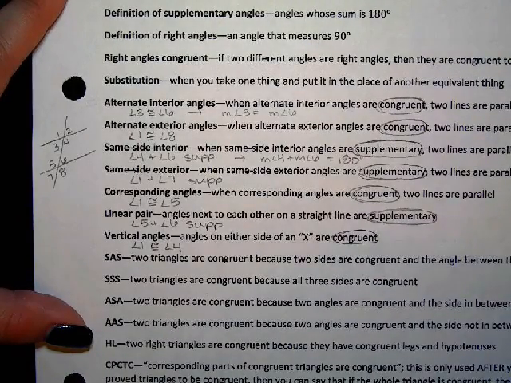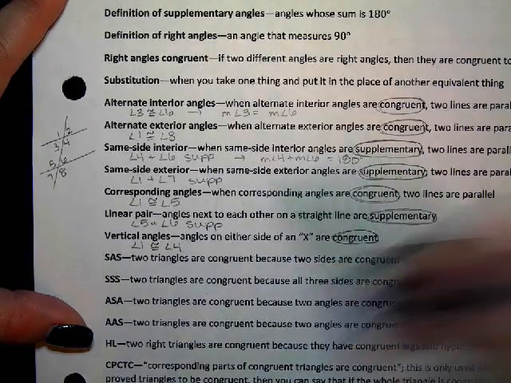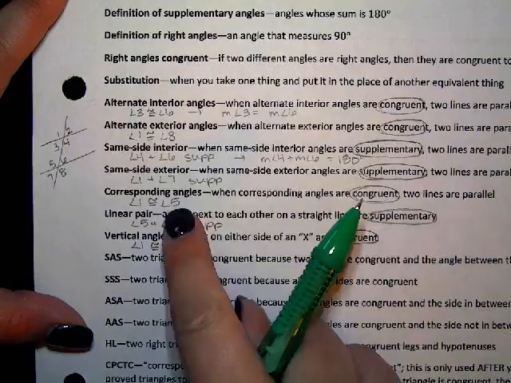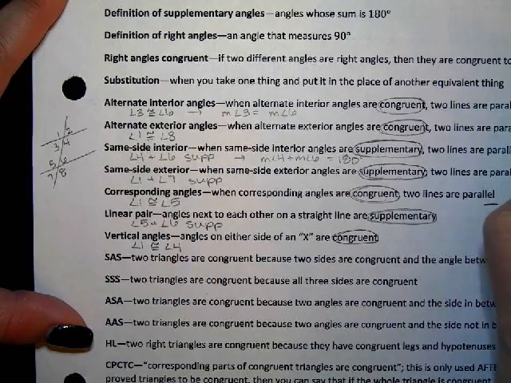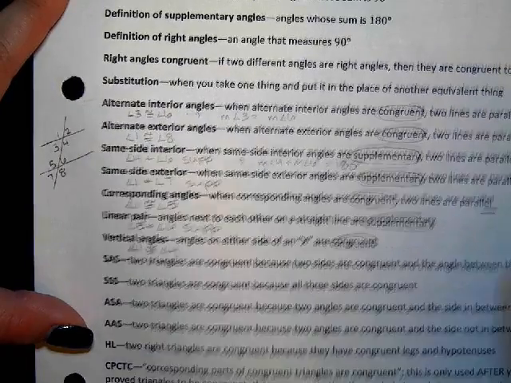Now over here, I'm not going to include linear pair. I'm not going to include vertical angles. I'm going to stop right here.